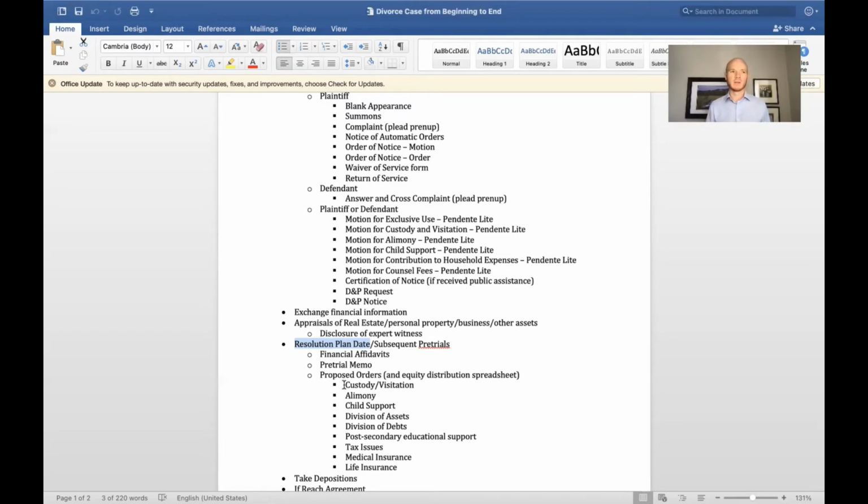So some examples are, family relations will be particularly involved if there are custody issues. So let's say there's two parents who can't agree on what the visitation schedule is going to be once the divorce is over. Then at the resolution plan date, family relations would say, okay, we understand there's going to be a dispute.